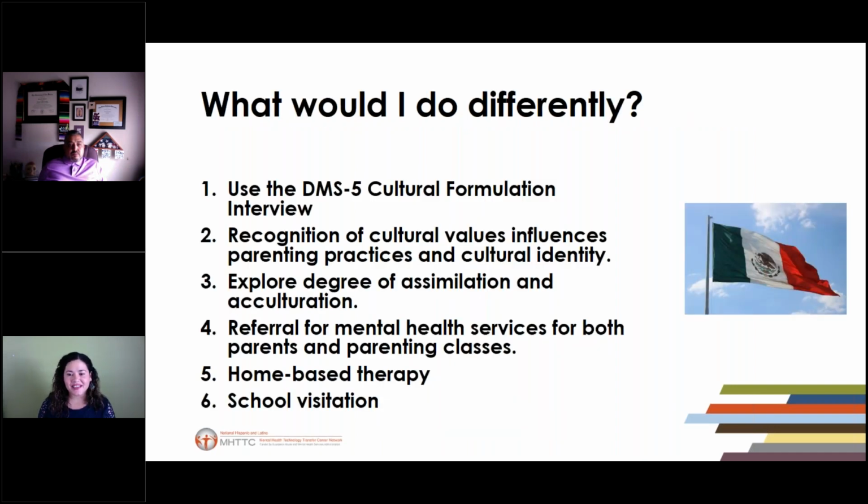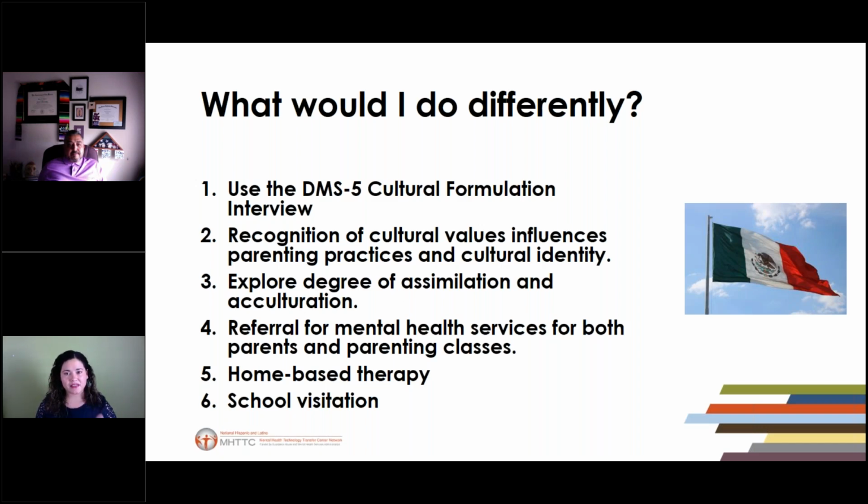What are the things I will do differently? What are the things that I could improve with this client, right? One of them is to use the cultural formulation interview. I would obtain so much information about how the parents see the situation and the words they use to describe the client's symptoms.